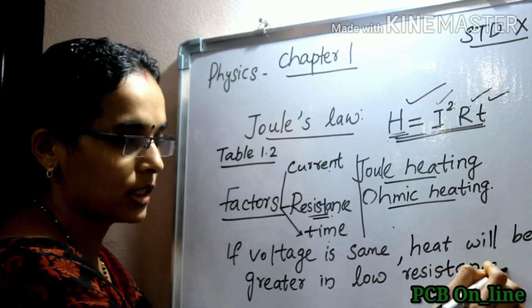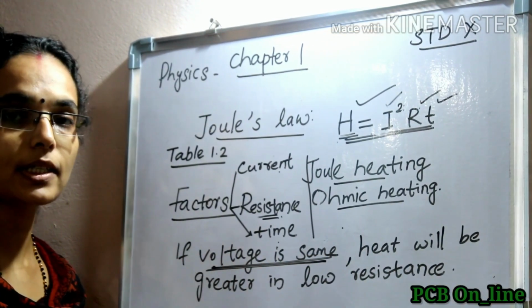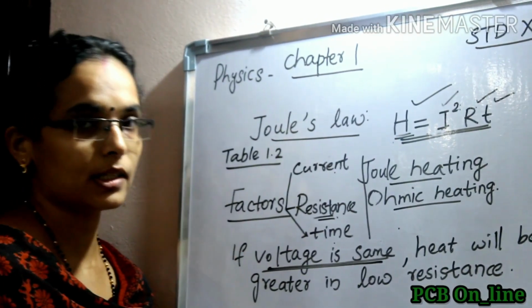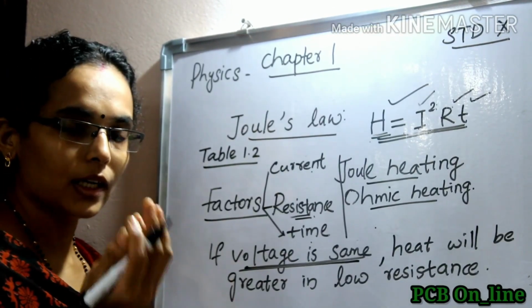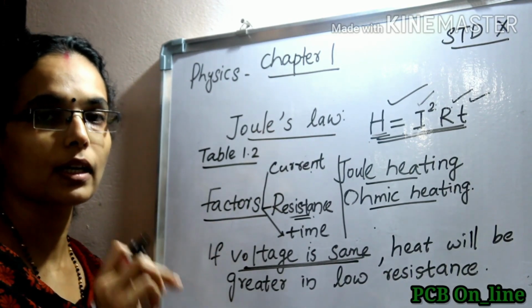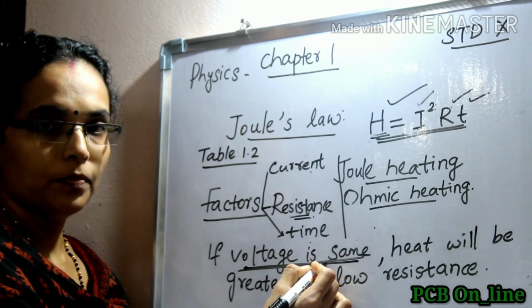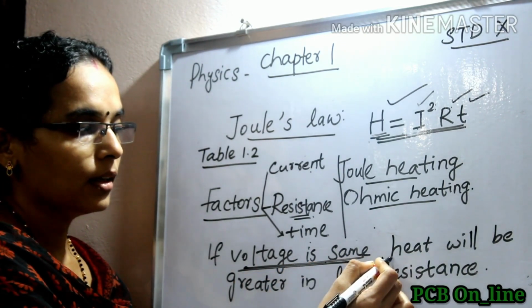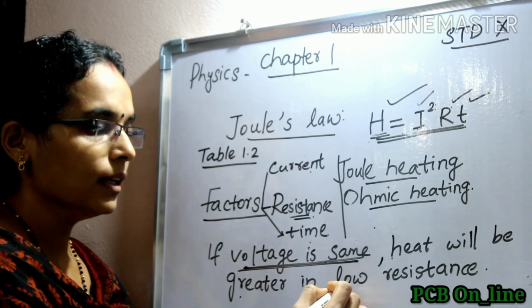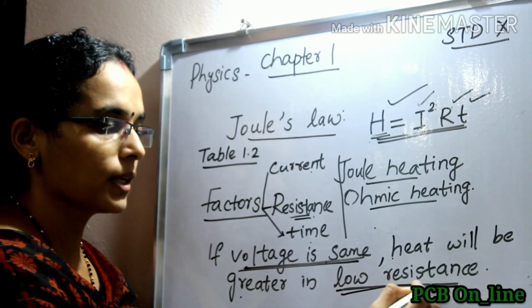That is, if the same voltage is available for two different resistors, compare the heat energy generated in the two resistors. If voltage is the same, then heat will be greater in the low resistance, which is the low value resistor.